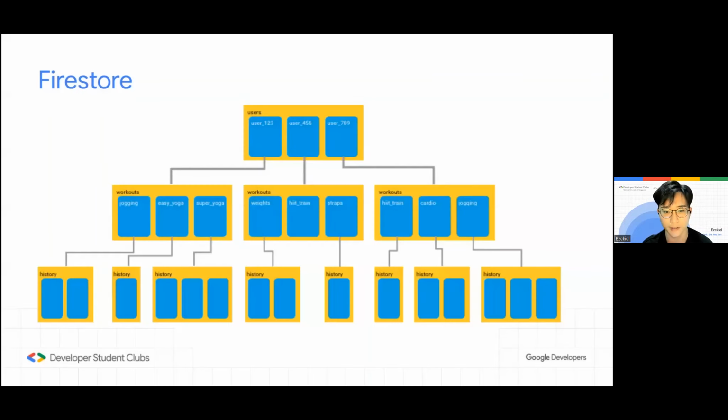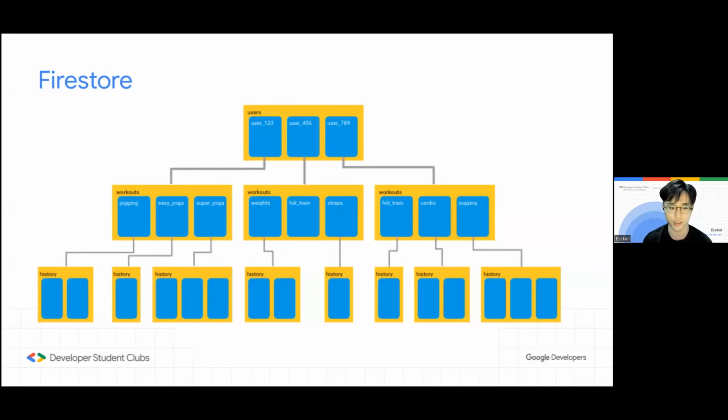Just to go a bit more in depth, this is how it looks. At the very top of the hierarchy, we have a collection of users, and then a bunch of users: user 1, 2, 3, and so on. User 1, 2, 3 has another collection within itself, which is all the workouts that they have, for example jogging, easy yoga, super yoga.